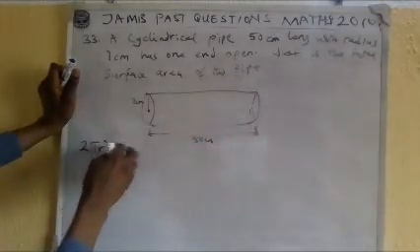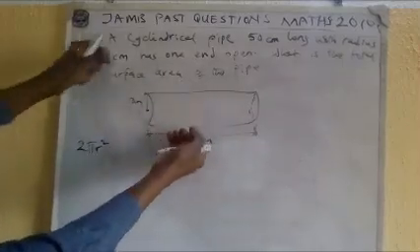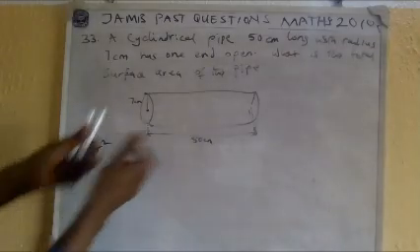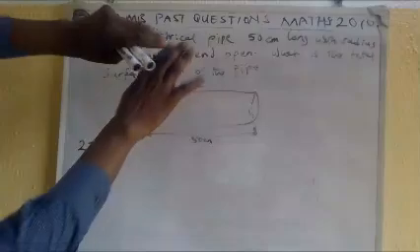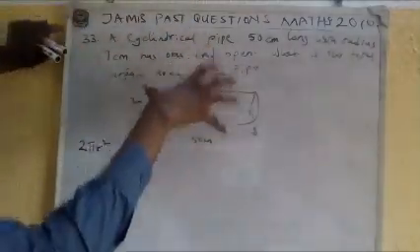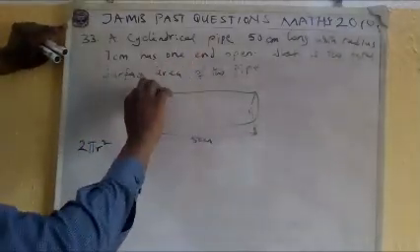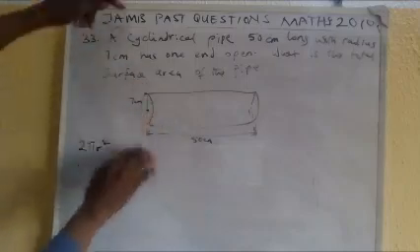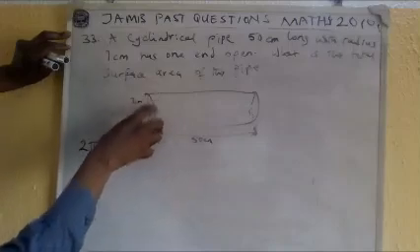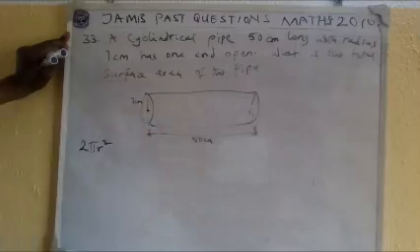But this curved surface, if you unwrap it from the cylinder to make a 2D plane, it will form a rectangle. And this side that you have unwrapped is actually the circle opened out.